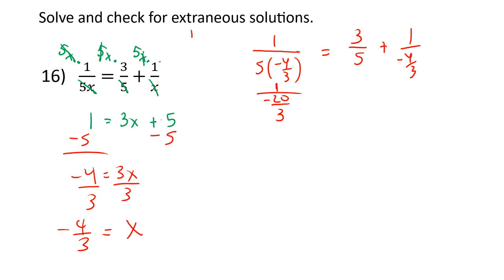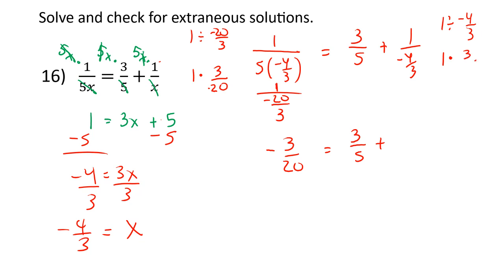But if we're doing 1 divided by negative 20 over 3, then keep change flip would make it like this, which means I really have negative 3 over 20 equals 3 over 5 plus, once again, we have a 1 divided by a fraction, so that's 1 divided by negative 4 over 3. Keep change flip. 1 times negative 3/4 is just negative 3/4.